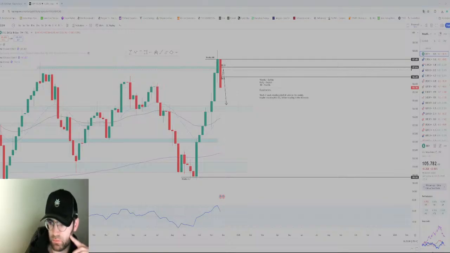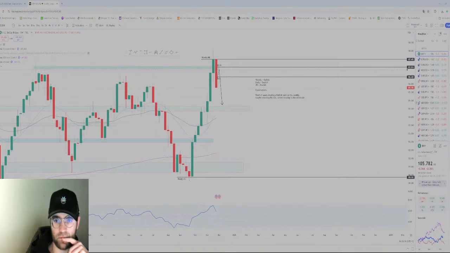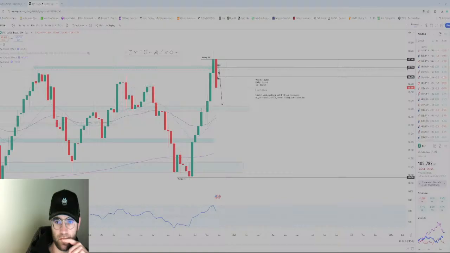Saw some pairs other people were talking about. Let's see if GBP AUD. Let's see if I agree with it. Where is it?